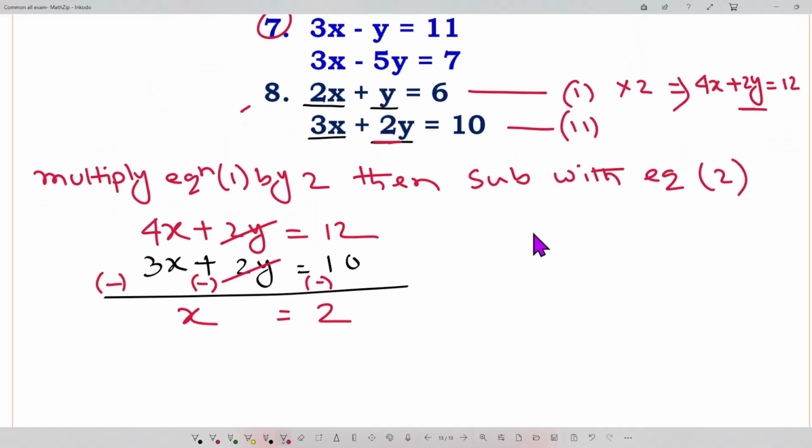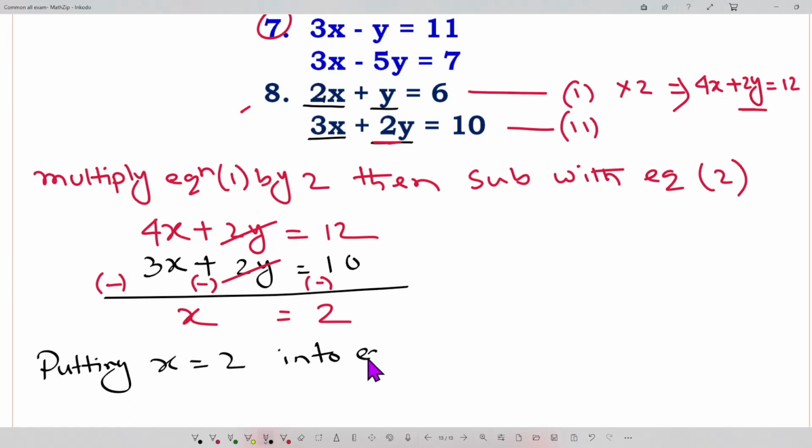Now we put this value into any equation and we will get the value of y, right? We can use equation 1, putting x equals 2 into equation 1.